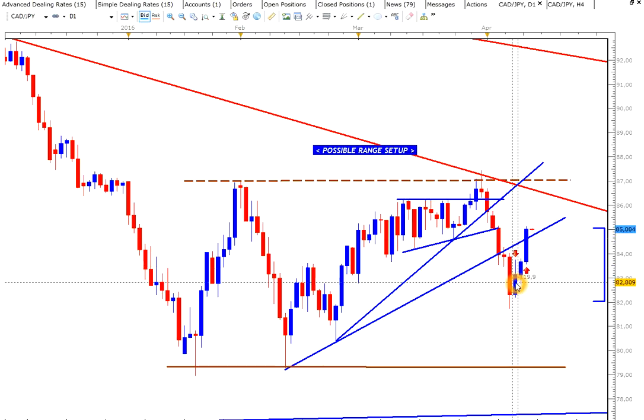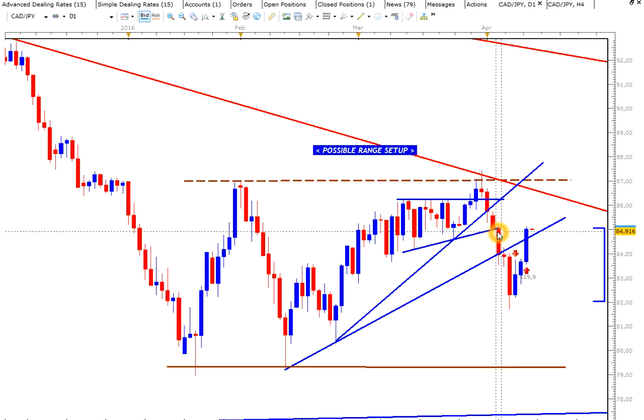Too risky to trade. So that was a mistake on my part because the charts were improperly drawn.